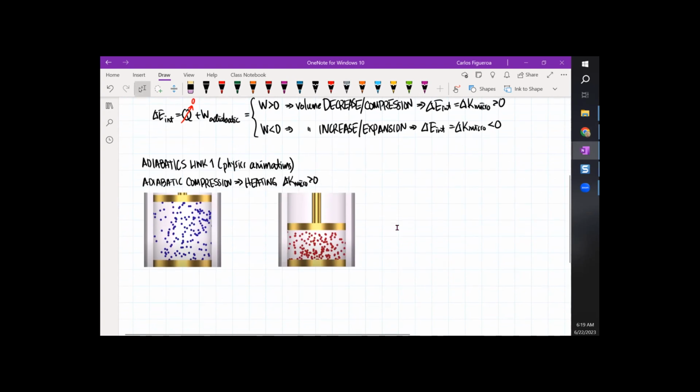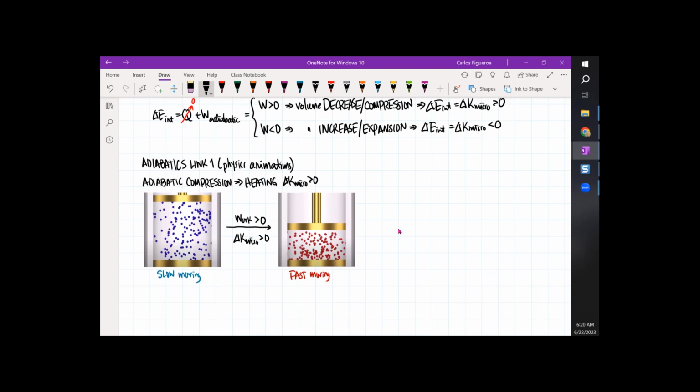You could see here that in this situation, let's say I had slow moving gas particles. And then I ended up with fast moving gas particles. And that's because of the work of the compression. So here, this work is positive, so therefore K micro had to increase.